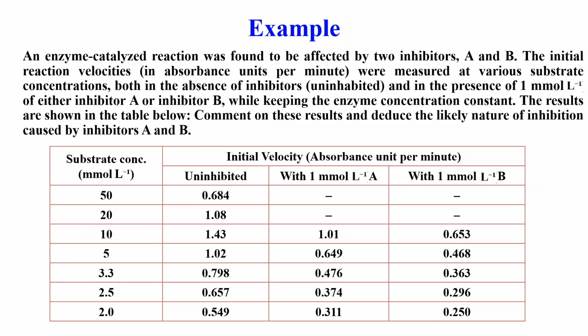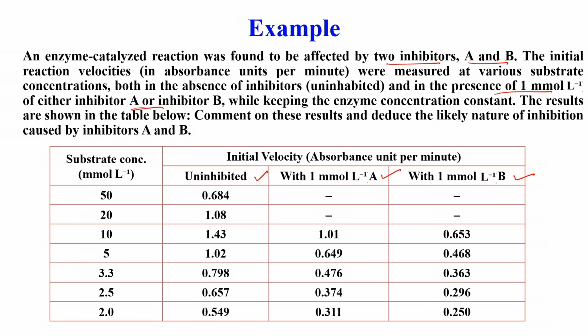Now, we will see one example which we discussed in the last lecture, that an enzyme reaction was found to be affected by two inhibitors A and B. Initial reaction rates in the presence of inhibitors A and B, and in their absence, are given here, and the concentration of both the inhibitors was 1 millimole per liter.